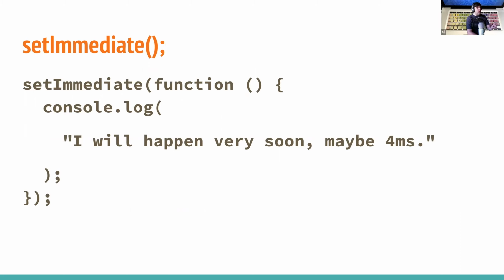Okay, so I lied about the 4 millisecond requirement, but I'm not lying that the event loop will not be halted if you call SetImmediate inside of SetImmediate, because it does guarantee the loop, right?